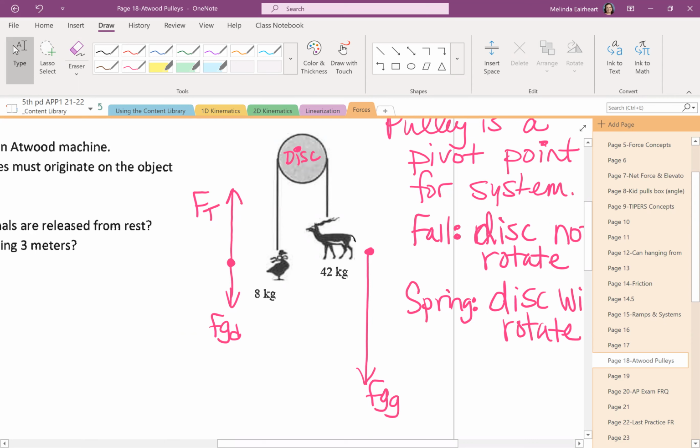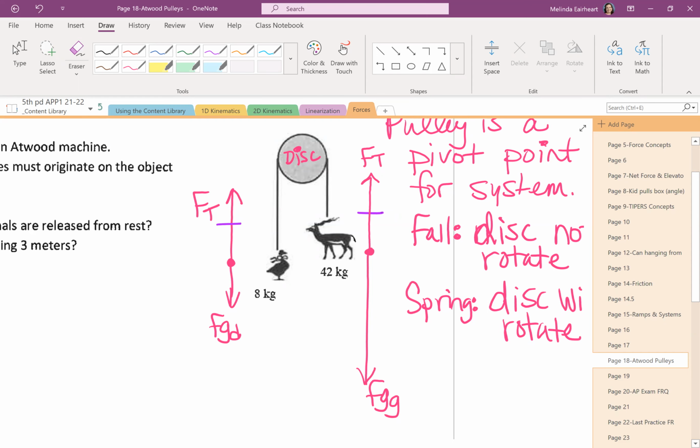Now, trust me, it's going to be equal to the magnitude that we just drew for the tension on the duck. Why are these equal? Well, don't we have a system of two objects? Aren't they going to accelerate together?